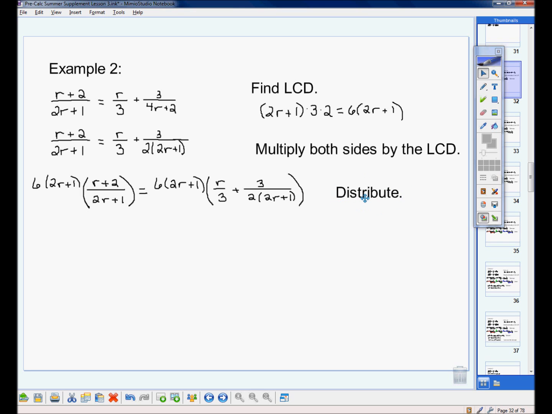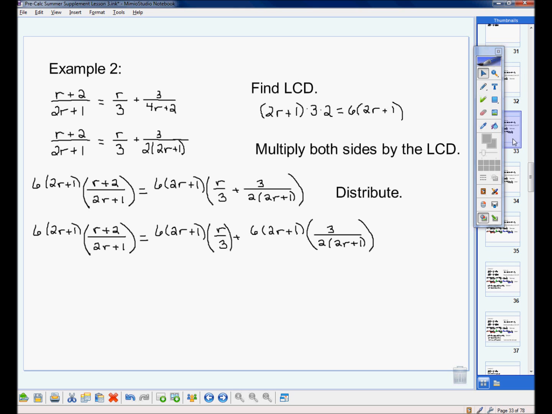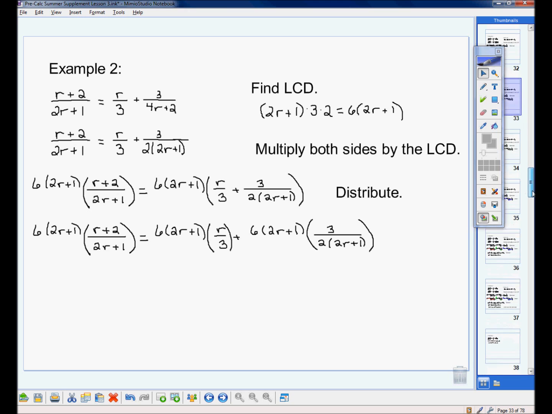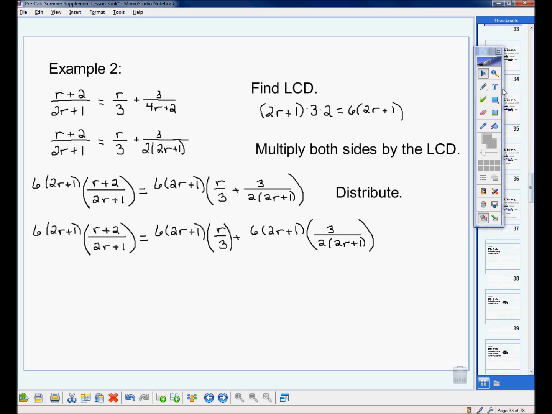It's going to save you from making a whole pile of mistakes, so we need to make sure that we do that. Here's this one, and this one, and then this one once again. And then once you have them distributed, that's when you can begin to cancel out. Okay? Make sure you're taking your time as you go through these things. Pause if you need to, so that you can get them written down.